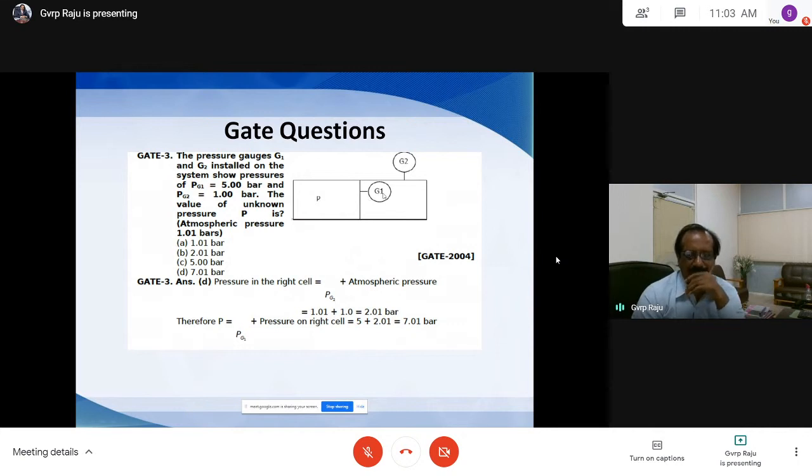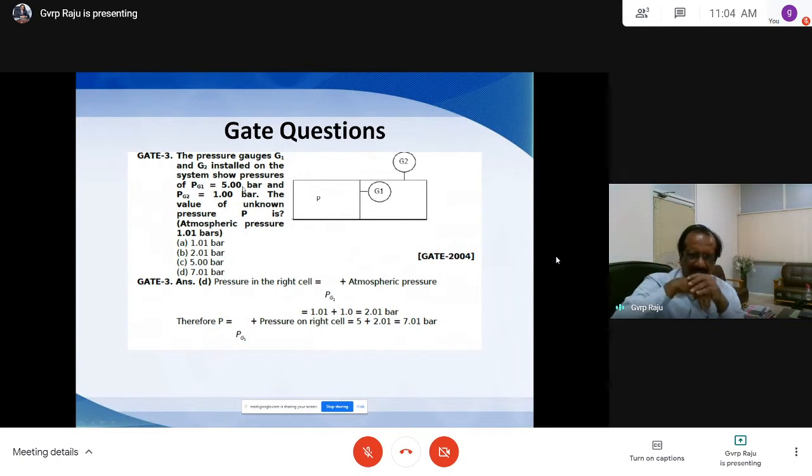So the pressure here is 1.01 atmospheric pressure, and he has given 1 here. So 1 plus 1.01 is 2.01, the summation of this, and he has given 5.